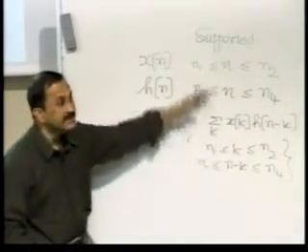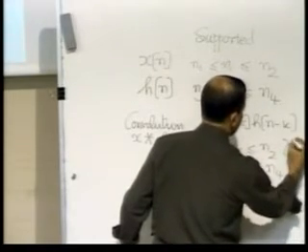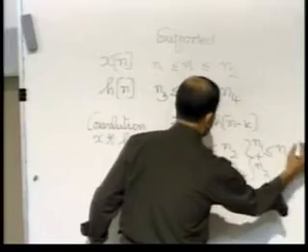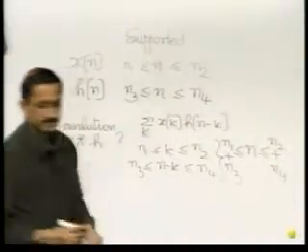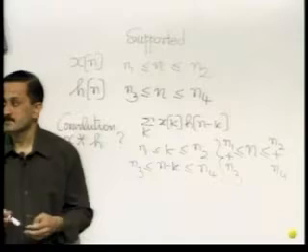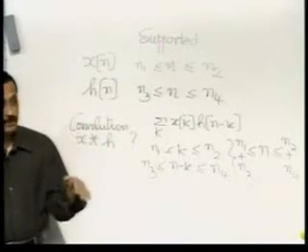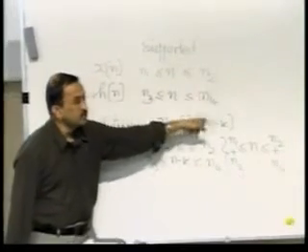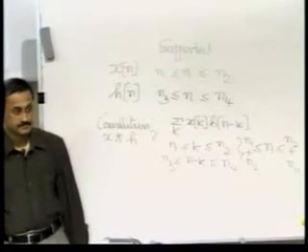So when we add the inequalities, we shall have n between n1 plus n3 and n2 plus n4. So the support of the output is between n1 plus n3 and n2 plus n4.